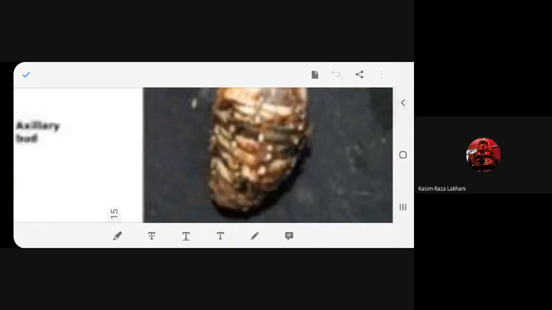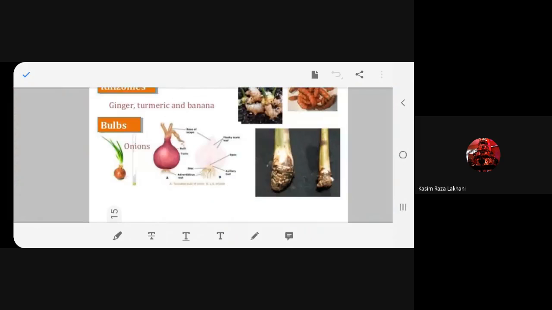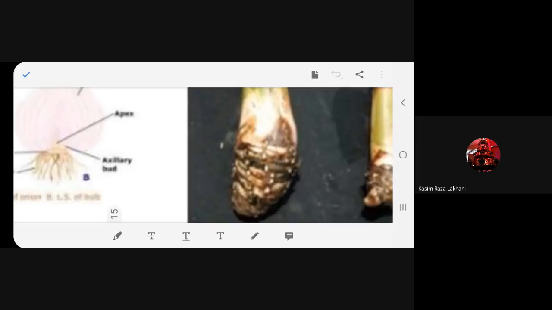These small white and red spots that you see are buds, and the lines that you see are all nodes. This is the underground stem.